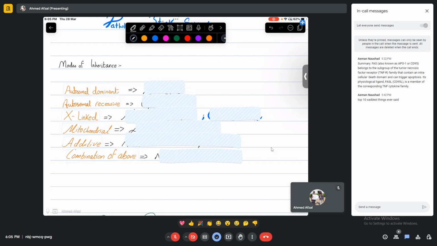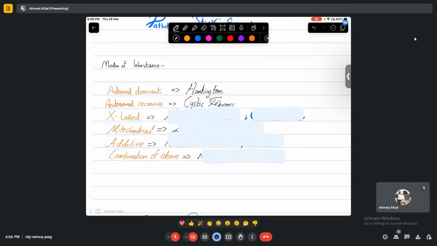All right. So there can be many examples. For autosomal dominant, we all know Huntington's. For autosomal recessive, that's cystic fibrosis. And we know a few more, like X-linked diseases, which can be color blindness and muscular dystrophy.